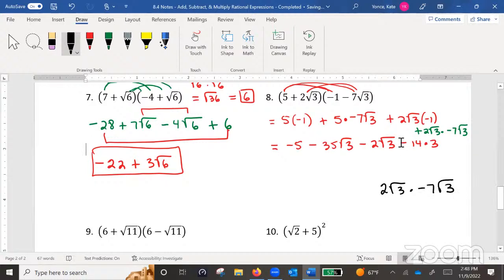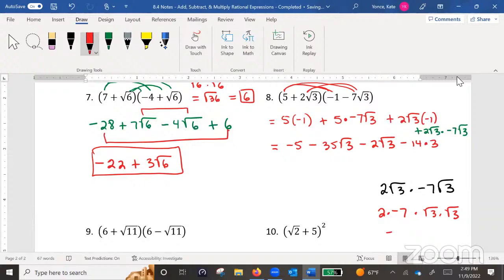That's just from this last times last. Do you get that? Not quite, because, okay, let's put the 2 and the -7 together. So 2 times -7 times square root of 3 times square root of 3. I'm just rearranging. Do you see that? I just put these two together and I put these two together. Does that make sense?